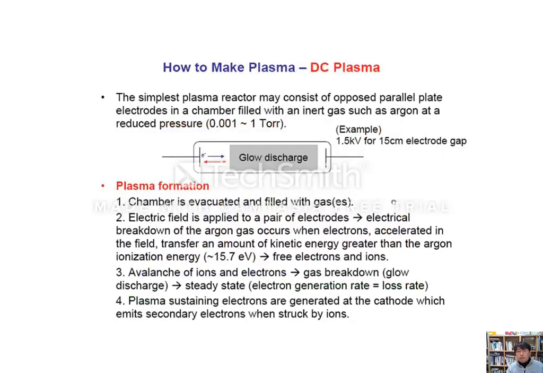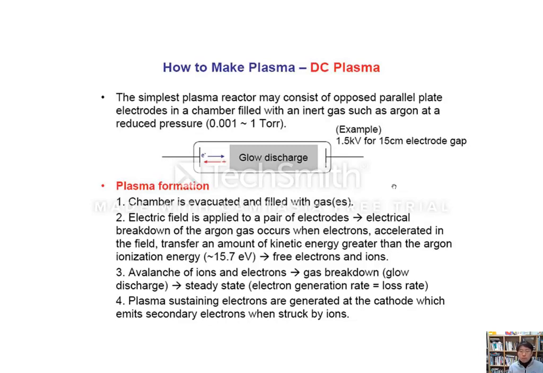So how to make a plasma, right? You have two ways, DC plasma or AC plasma. Basically, you need two electrodes here, and then you apply a high voltage like 1.5 kilovolt with a certain separation, and inside there is an inert gas, like argon, filled in at low pressure.